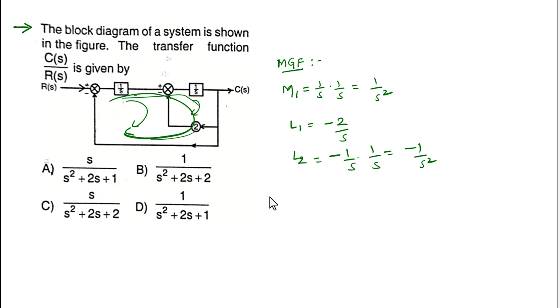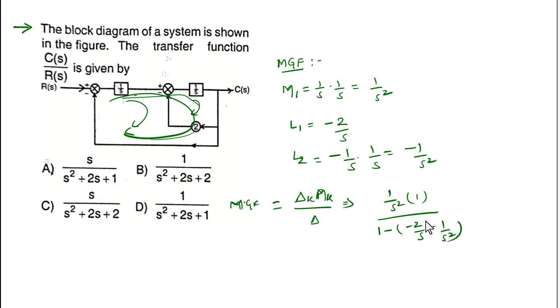Now, as per Mason's gain formula for the signal flow graph, you can write the sum of Pk delta k divided by delta. So from the forward path, which is 1 by s square, only one forward path, into 1 divided by 1 minus the sum of individual loops, so minus 2 by s minus 1 by s square.